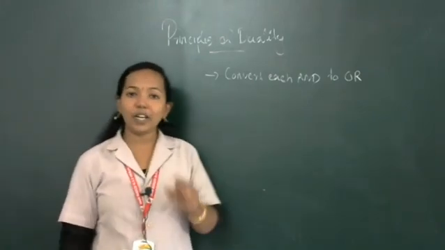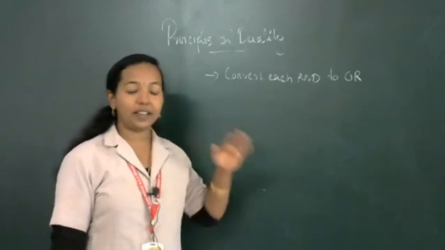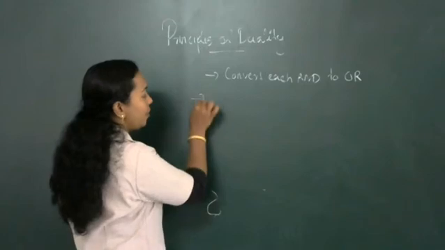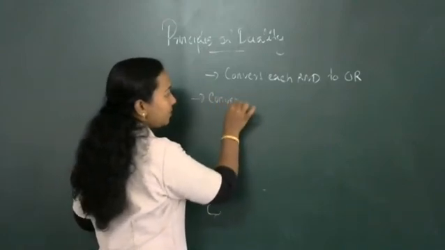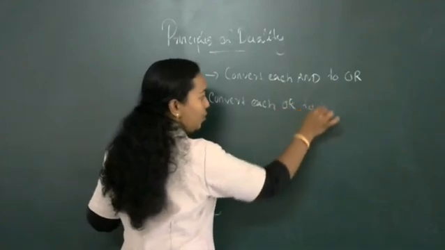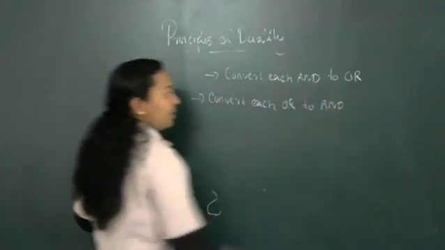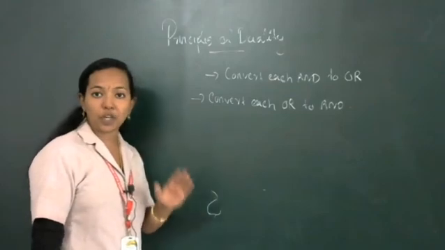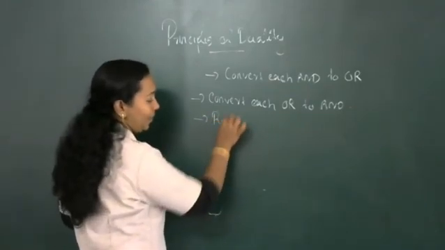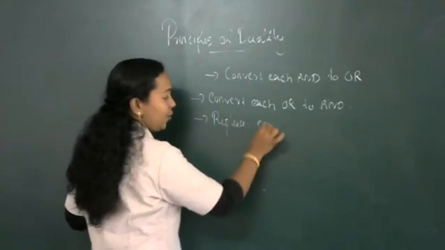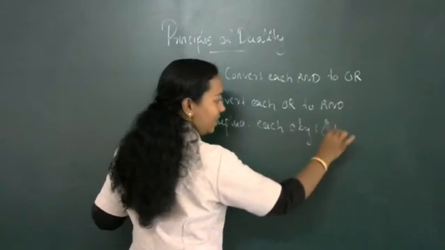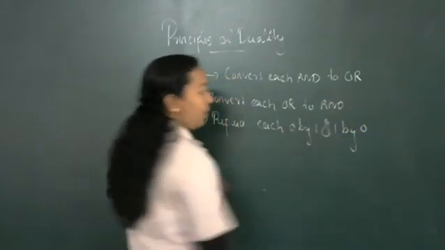For AND operation we are using the dot symbol, so convert that dot symbol into plus. Then the second rule is to convert each OR operation to an AND operation, and replace each 0 by 1 and 1 by 0.